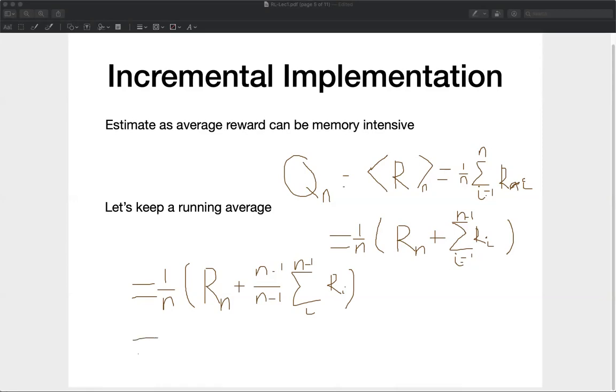So what we end up with is a value that says 1 over n r of n plus n minus 1, in parentheses, times q of n minus 1.